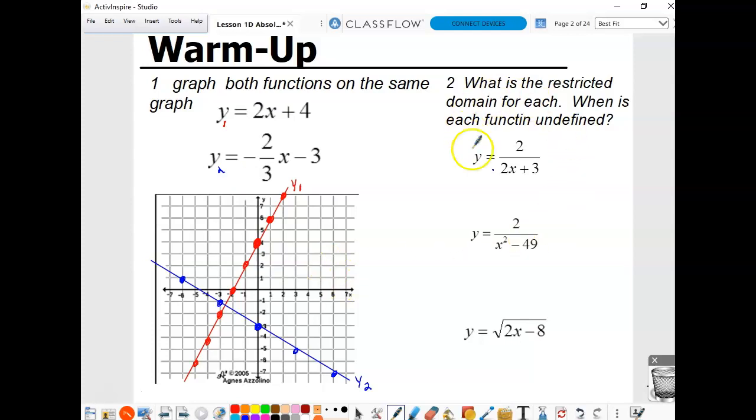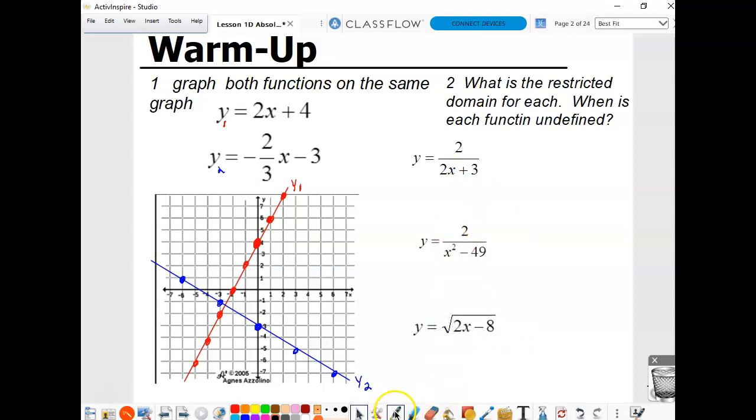What is the restricted domain for each? So in the second box, what we need to remember is that for the first 2, we are not able to divide by 0. So we're not allowed to have 2x plus 3 equals 0. So we're going to write that 2x plus 3 does not equal 0, because we cannot divide by 0. Now we solve this just like it was an equal sign, but instead of an equal sign, we have the not equal to sign.